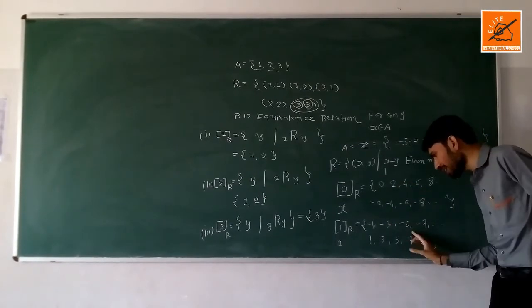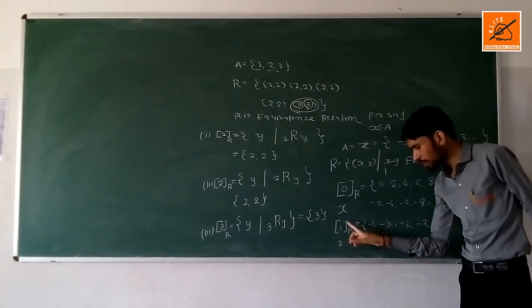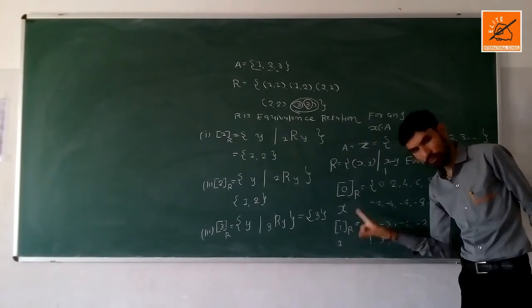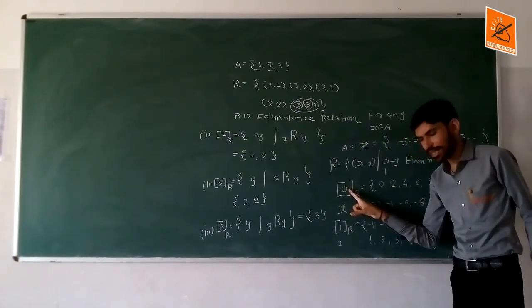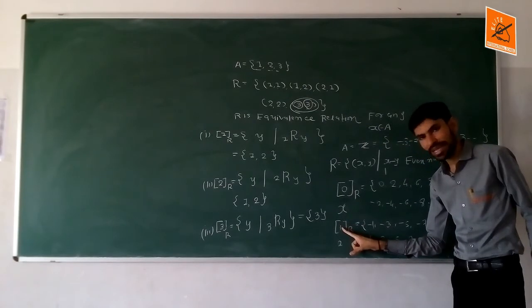So this is called the equivalence class generated by 1. This one is the equivalence class generated by 0, and this one is the equivalence class generated by 1.